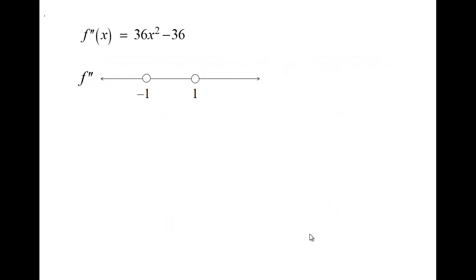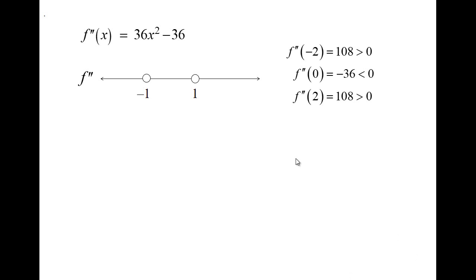So here is the second derivative, and here is the number line where we have plotted the points where the second derivative is 0. Now on the left side of -1, we can pick -2, and the second derivative evaluated at -2 is, if I plug in -2 for x, 4 times 36 minus 36.